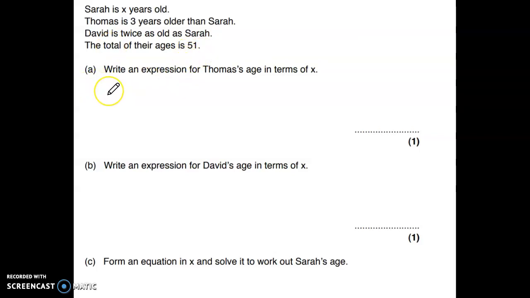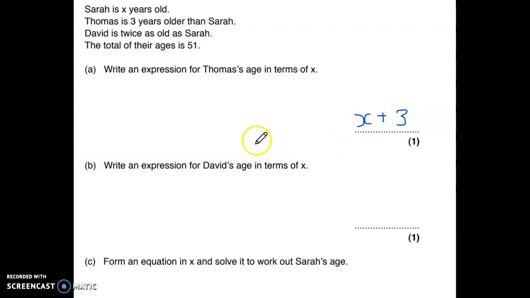So the first question, part A, asks us for an expression for Thomas's age in terms of X. Well, if Sarah is X years old and Thomas is 3 years older, then Thomas's age will be Sarah's age X, and he's 3 years older, so just plus 3.